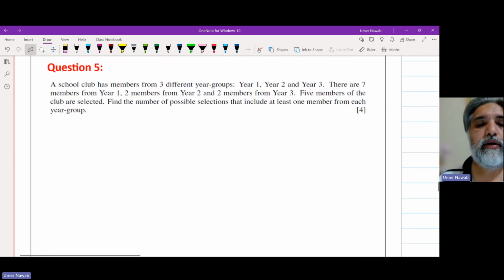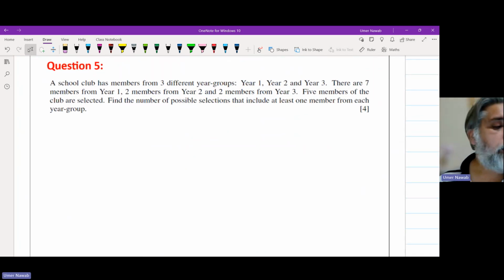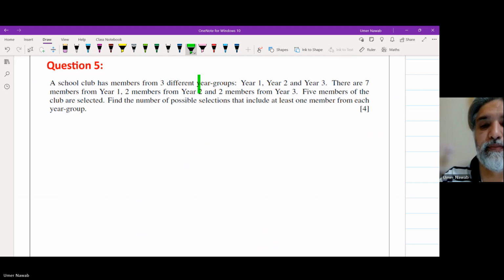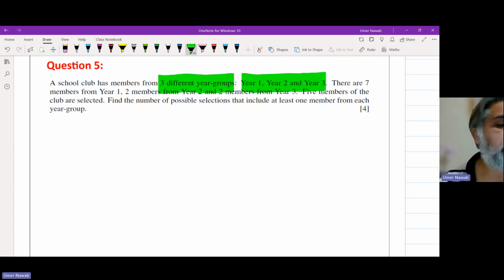Let's go with question number 5. In question number 5, it says, a school club has members from 3 different groups: Year 1, Year 2, and Year 3.